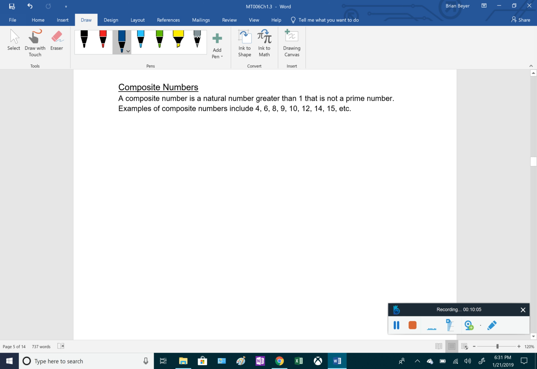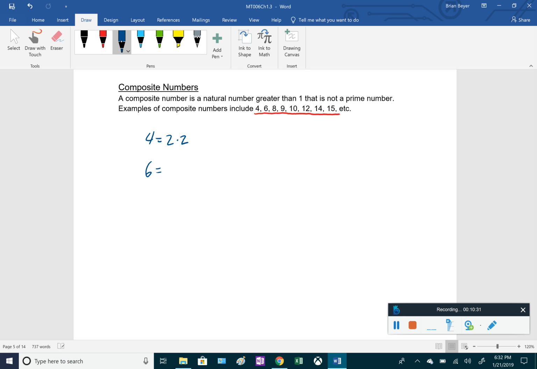And conversely, composite numbers are natural numbers greater than 1 that are just not prime numbers. So 1 is neither prime nor composite. Examples of composite numbers are something like 4, 6, 8, 9, 10, 12, 14, 15, and so on. For example, we can rewrite 4 as 2 times 2.